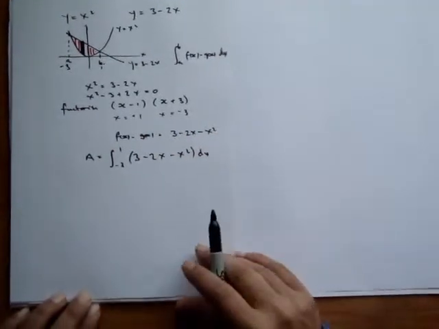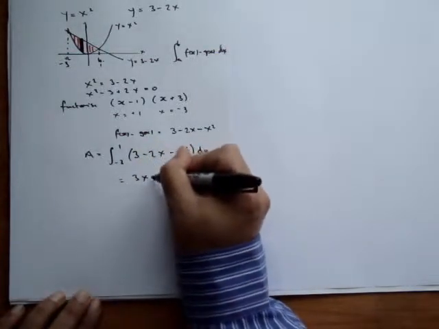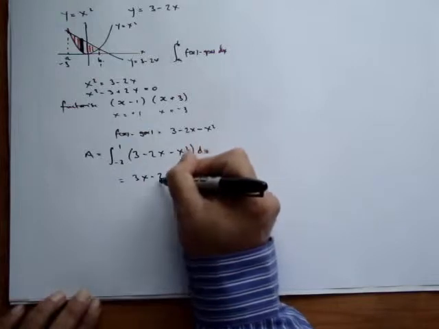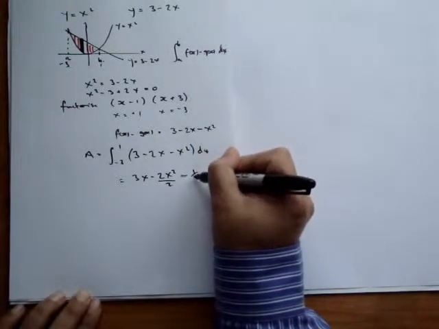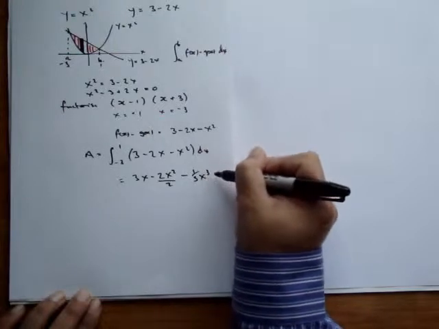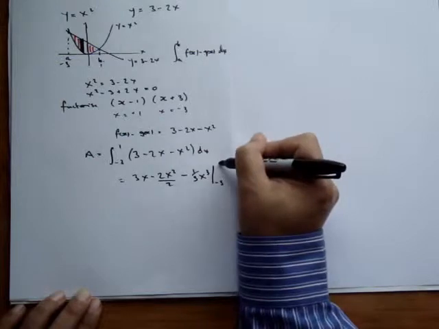And when we do that, this then becomes 3x minus 2x squared over 2 minus a third x cubed, and the limits are minus 3 to 1.